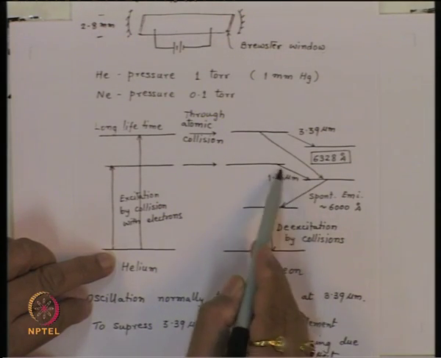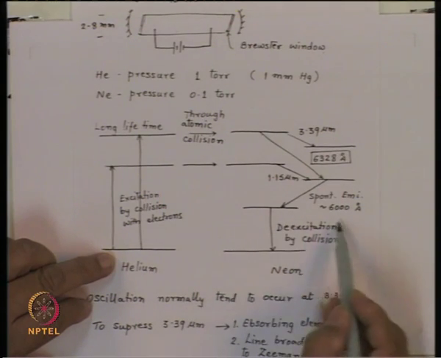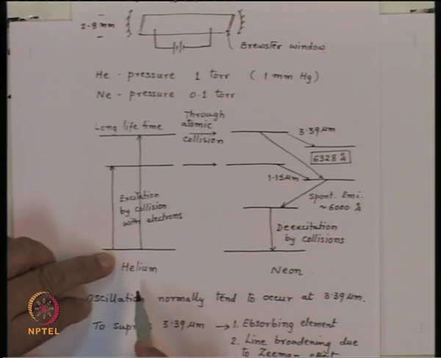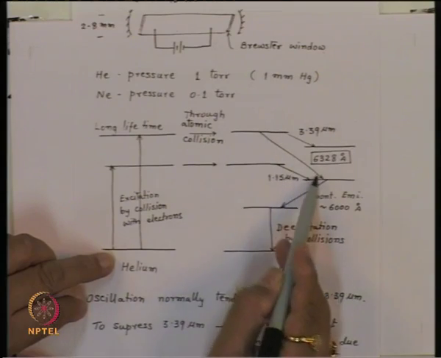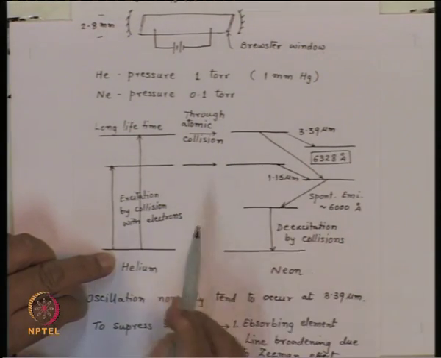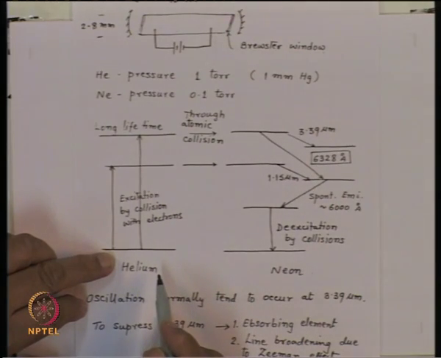This difference corresponds to 1.15 micrometer. This one corresponds to about 6000 angstrom and so on. We are interested in this transition because that is where the lifetime is longer. So, we can have a stimulated emission corresponding to this transition.